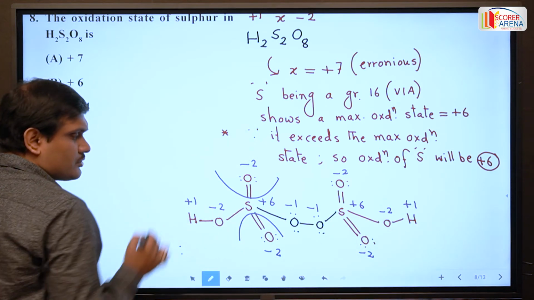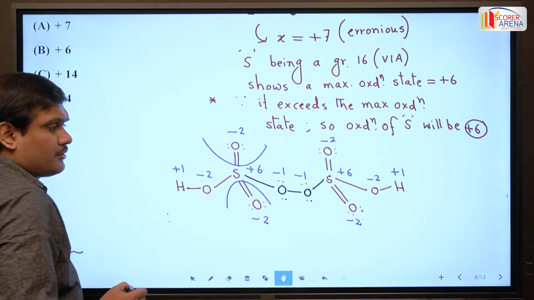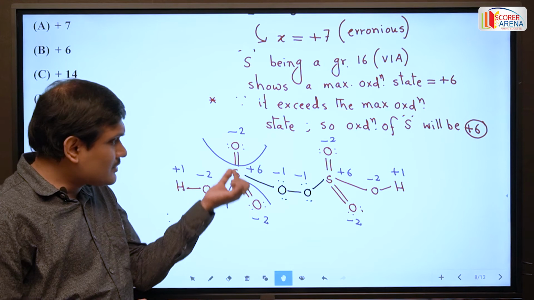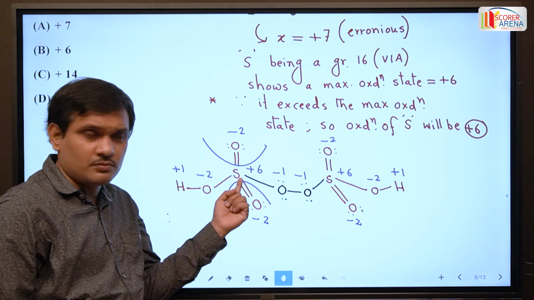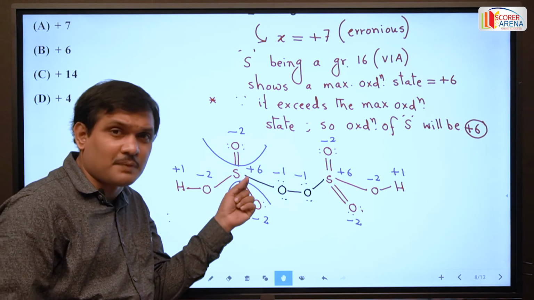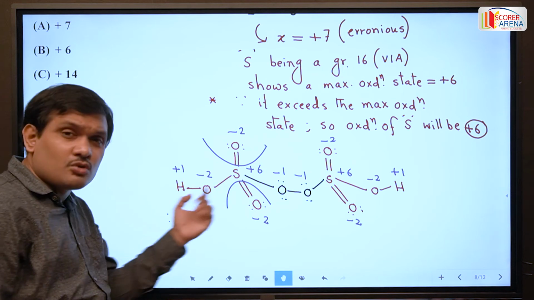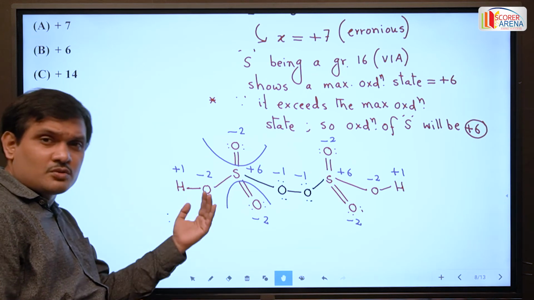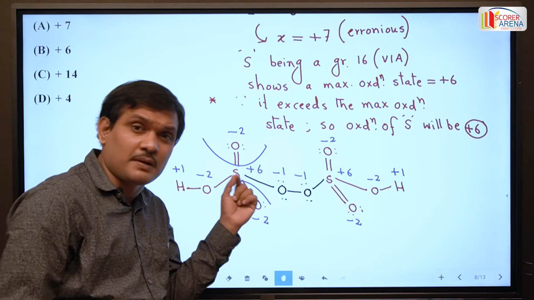+6 oxidation state. I am repeating this situation. In this sulfur-oxygen bond, oxygen is removed as -2, sulfur getting +2. This oxygen is removed as -2, sulfur getting again +2, that means +4. This OH will be removed as OH minus, sulfur getting again +1, that means a total of +5.